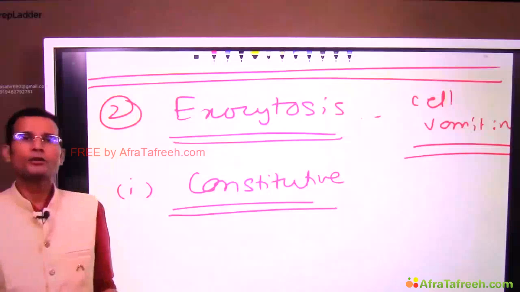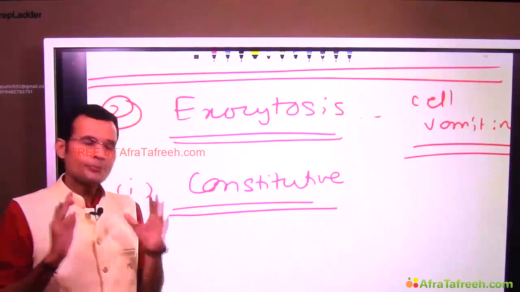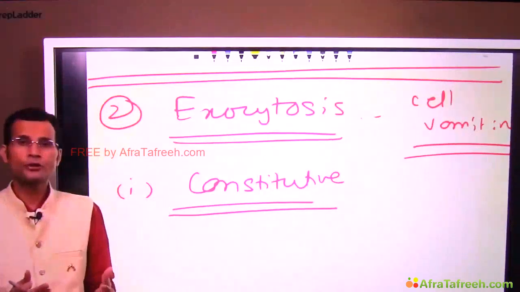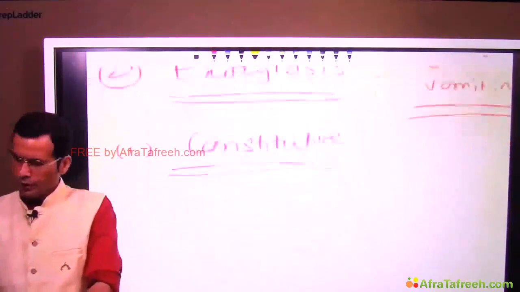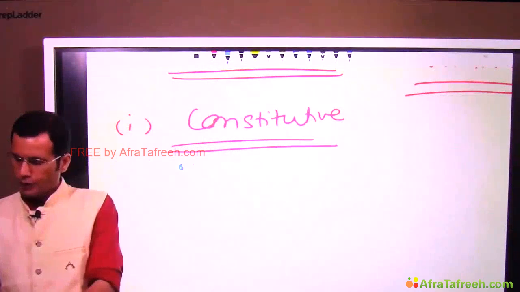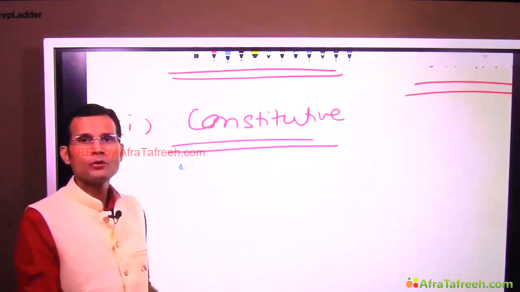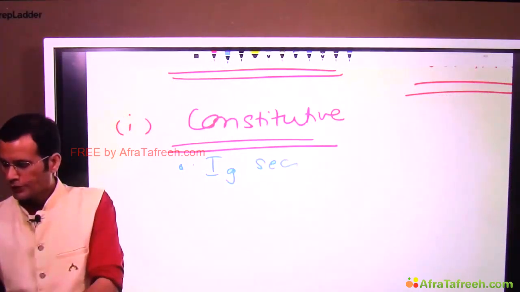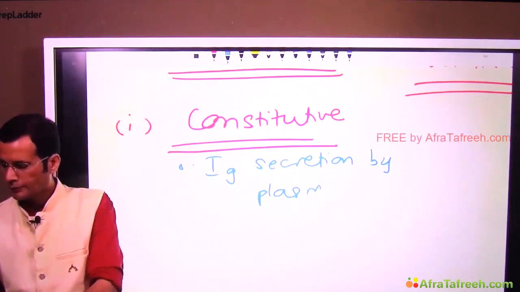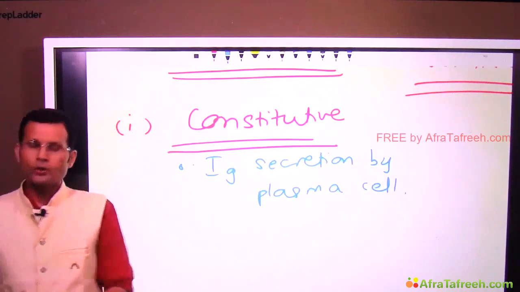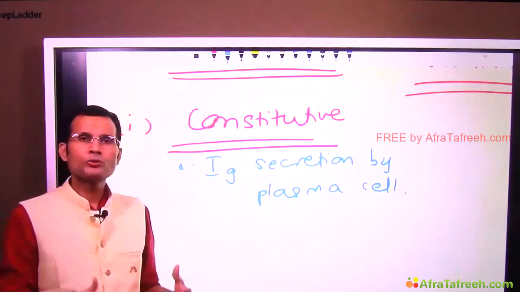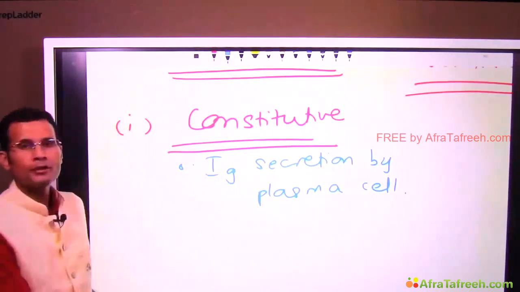Constitutive exocytosis is the one which occurs continuously, as a continuous process by virtue of the constitution of the cell. What are the examples of constitutive exocytosis? Immunoglobulin secretion by the plasma cell. B lymphocytes are known to secrete antibodies or immunoglobulins.